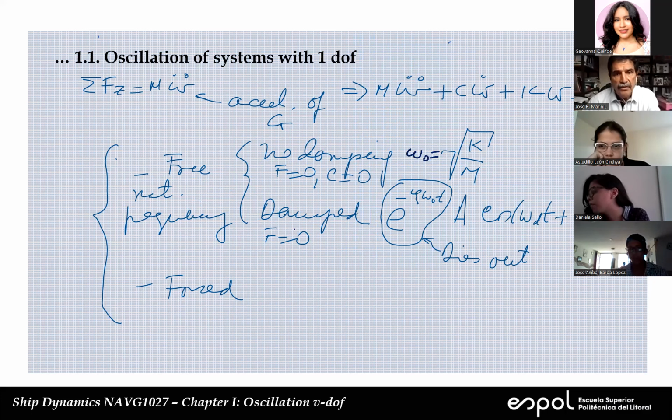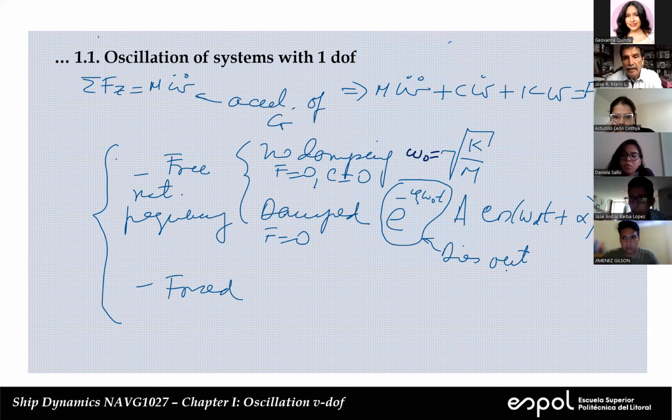Now, in the damped case, this term is very important, because it means that this solution dies out. This term includes the zeta term, which depends on the amount of dissipation of energy. The problem is that it is very complex to calculate, but we need it.